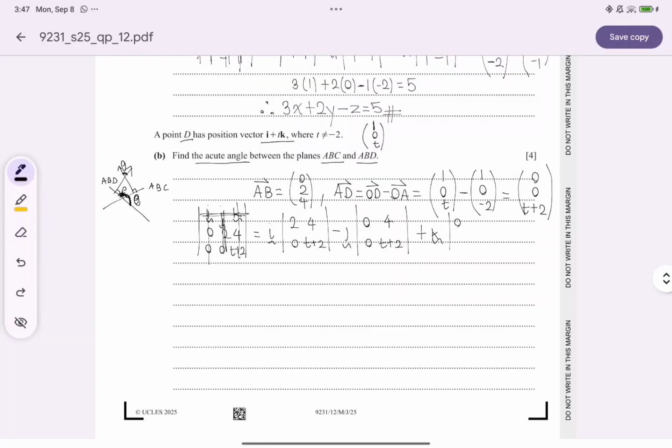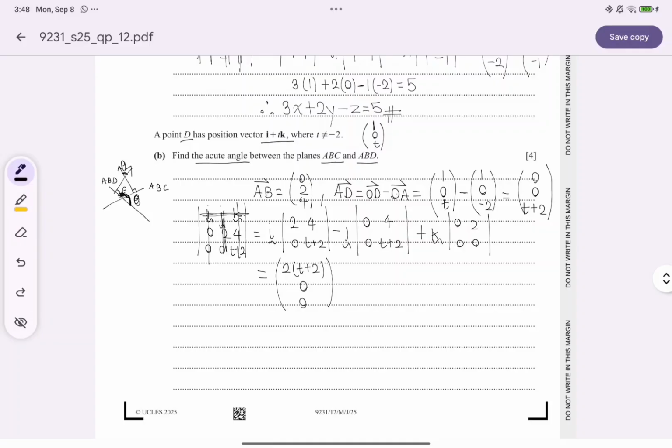Covering these two up, 0, 2, 0, 0, and we would get i as 2 times t plus 2 minus 0, so yep, 2 times t plus 2, and then j is 0, and then for k it's also just 0.